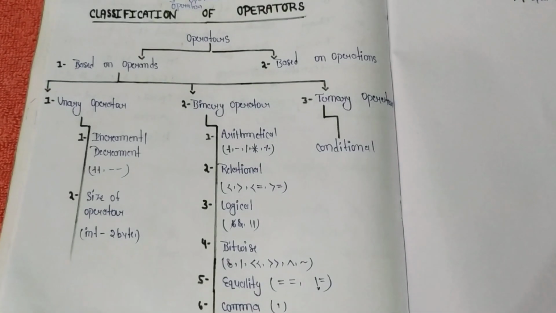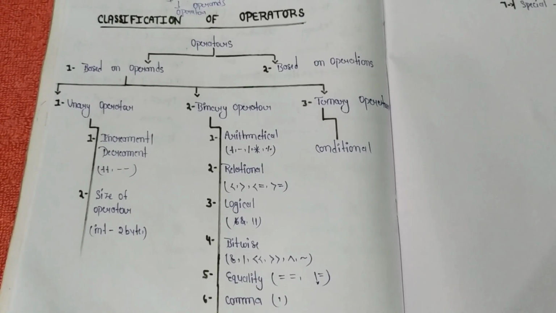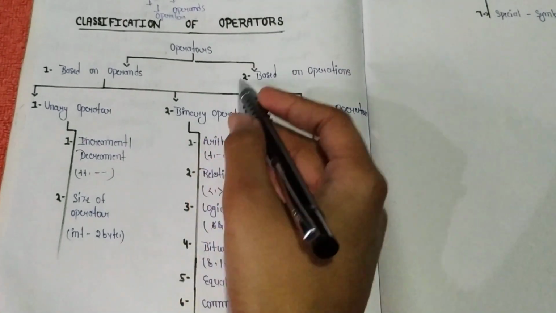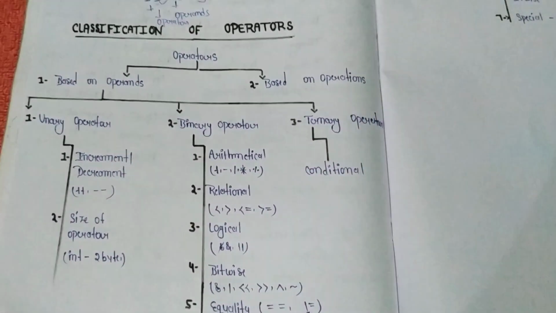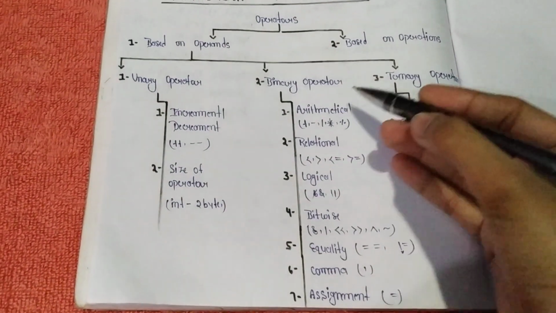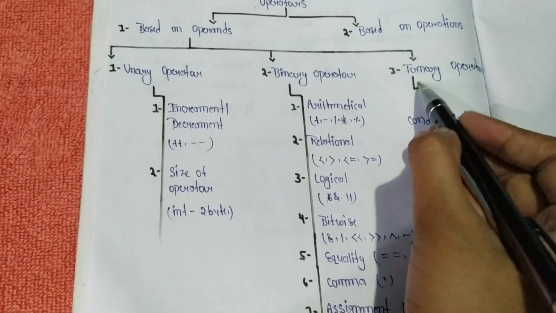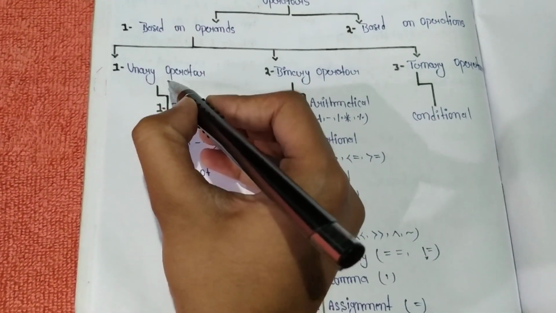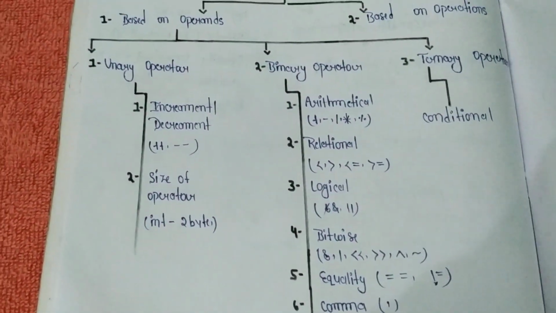Now let us discuss the classification of operators. Operators can be classified into two categories: based on operands and based on operations. First we will discuss the classification based on operands. There are three categories: the first is the unary operator, the second is the binary operator, and the third is the ternary operator.